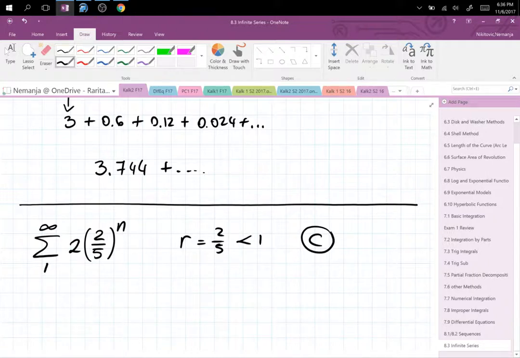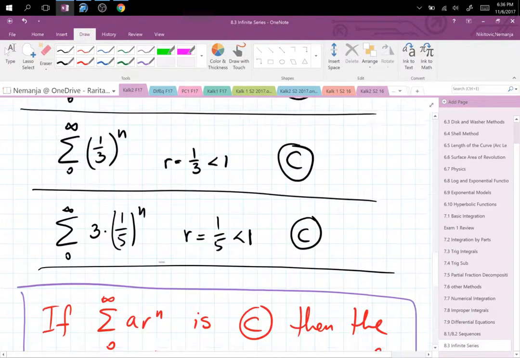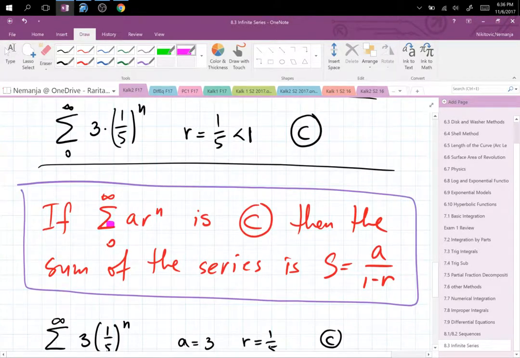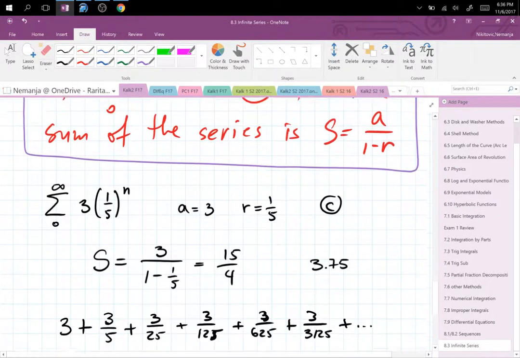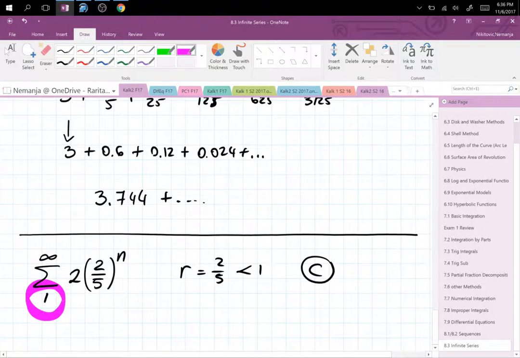Well, let's observe this. And let's observe our definition. You see that? So those have to be the same. And then you get to use your formula.